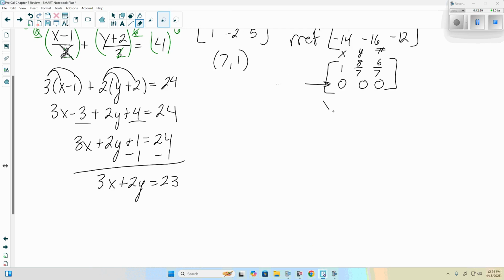Now the top row is telling us that x plus 8/7 y is equal to 6/7. Y can be any number we want. So in the most parts, and on the answer key, I set it as a given value of a.